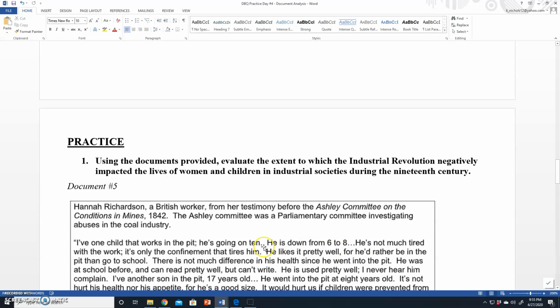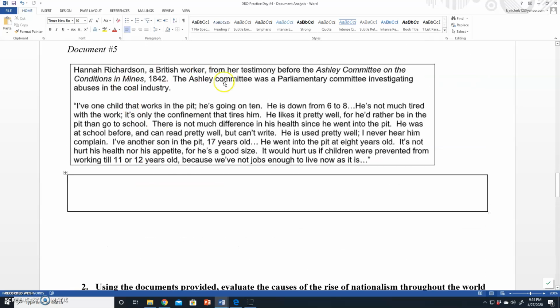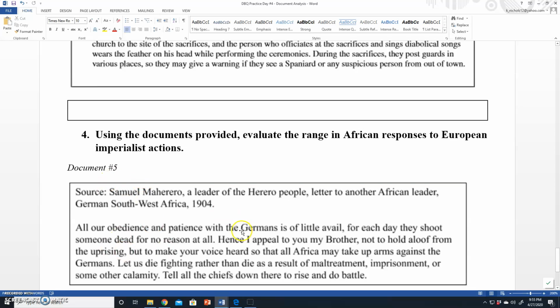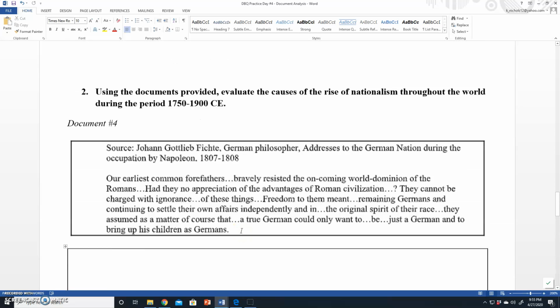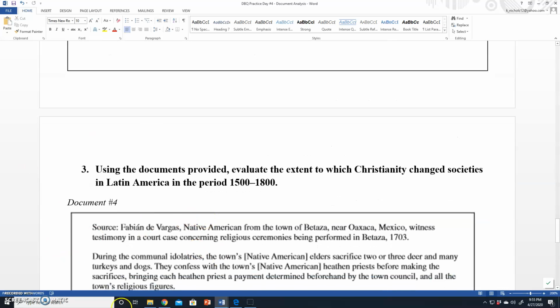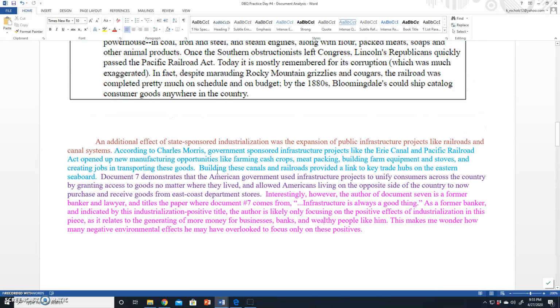So what I would like for you guys to do is, you've got to practice one here, you've got a document here, you've got another one here, 3, and you've got document 4. Just take 2 of these documents. You could take this one here and this one, or you could take these other 2 and basically write a document analysis. Okay?